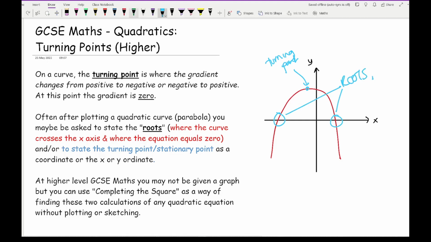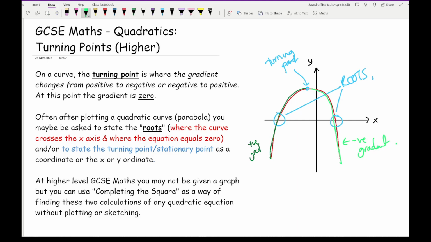And obviously on this side of the turning point here, we've got a positive gradient, and on this side here, we have a negative. We've got a negative gradient.